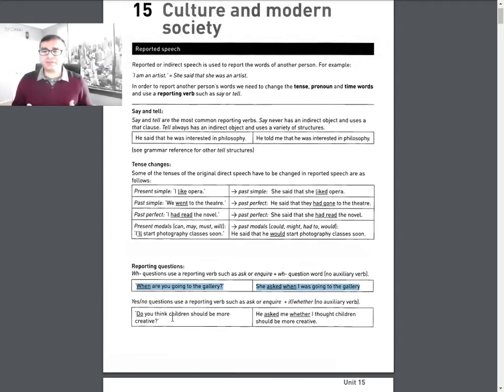So people ask me, should we go into the past in this case? Well, this is a question form. With the question form, remember, questions are beyond time. You see it here, she asked me when I was going to the gallery. Okay, I was going, not I went, remember. He asked me whether I thought children should be more creative or not.